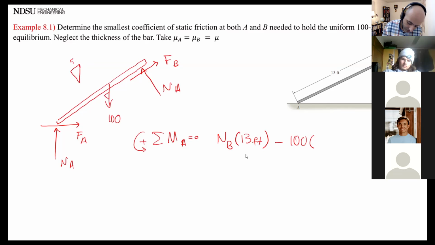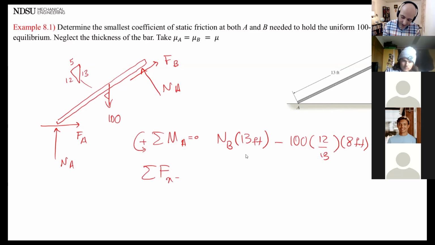It's going to be the 5, 12, 13 slope triangle, so it's going to be 12 over 13, equals 0. That's one equation. I write summation of forces in x equals 0. Anything that goes this way is going to be positive. So it's going to be FA minus NB times 5 over 13, minus FB times 12 over 13.